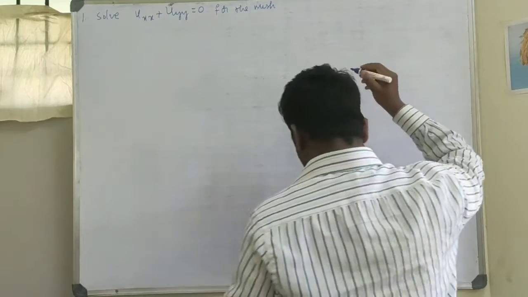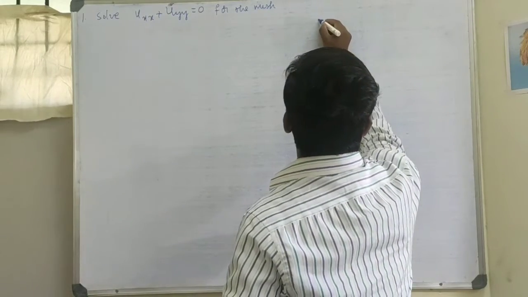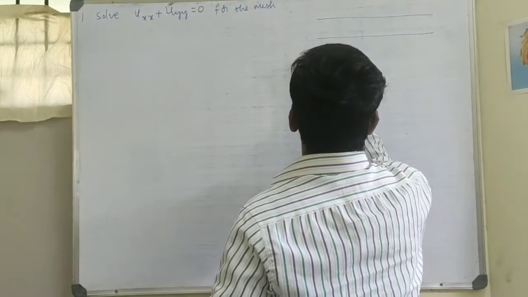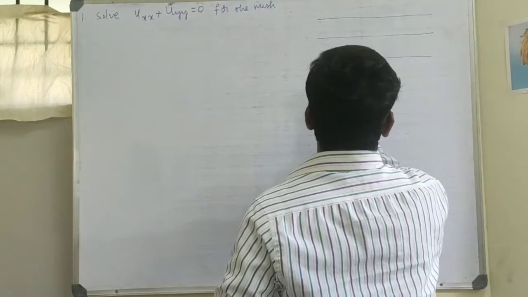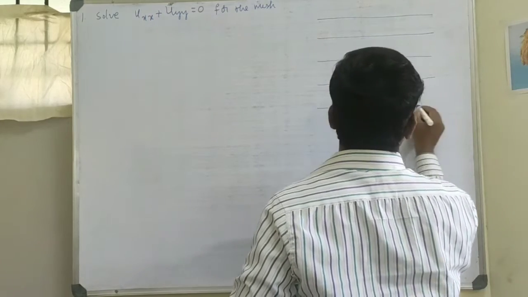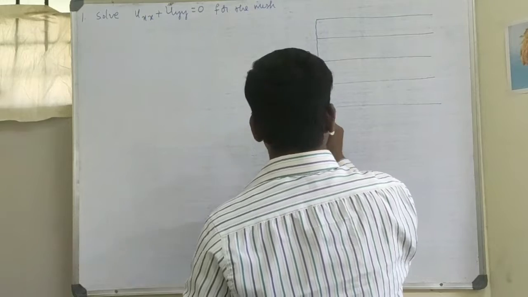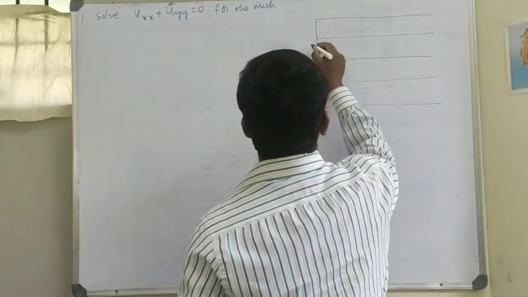So write the mesh here. These are all boundary values: 0, 0, 0, 0, 0.